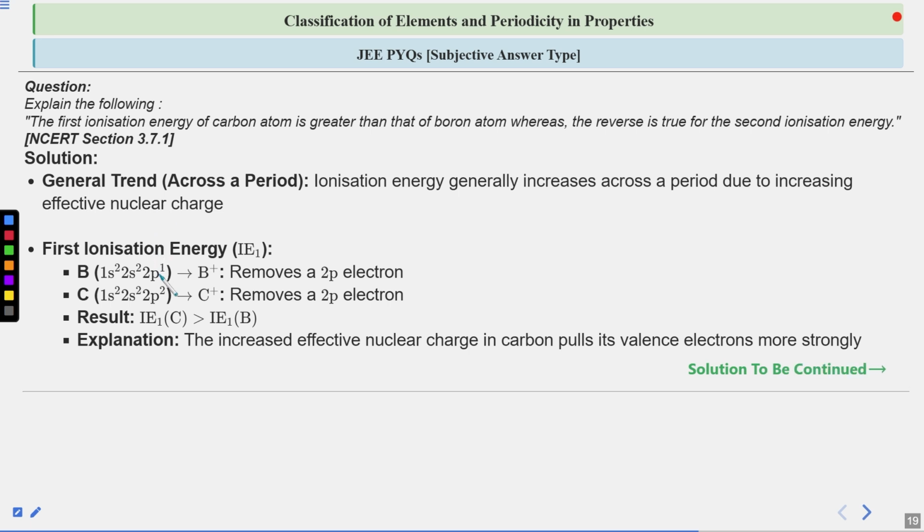So you can see here that the electronic configuration has nothing to do now. Because on removal of one electron, it will result in 2s2 and this will result in 2s2 2p1. Now do not make the mistake of thinking that since removal of an electron from the 2p is resulting in a 2s2, that is a fully filled configuration, it is stable. Now why am I saying it? Why is your 2s2 not stable?